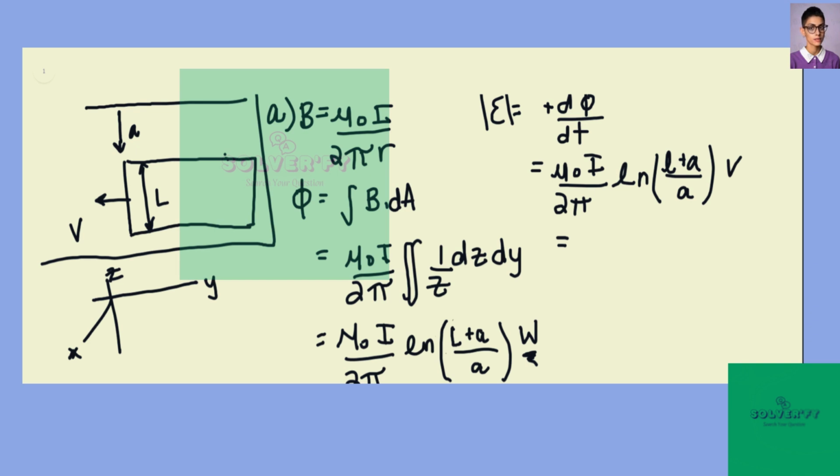So mu naught times I is 100, times the velocity is 5, times the log of this thing, divided by 2 pi, multiplied by 5.